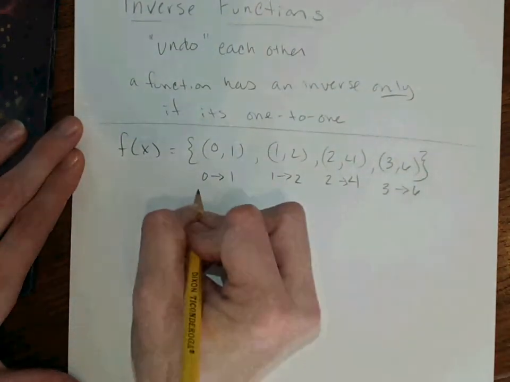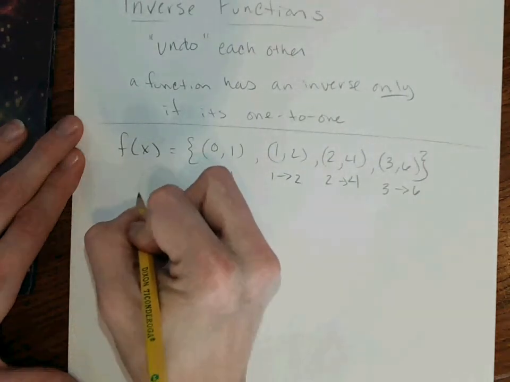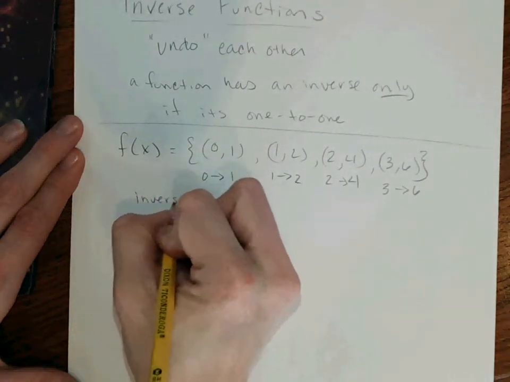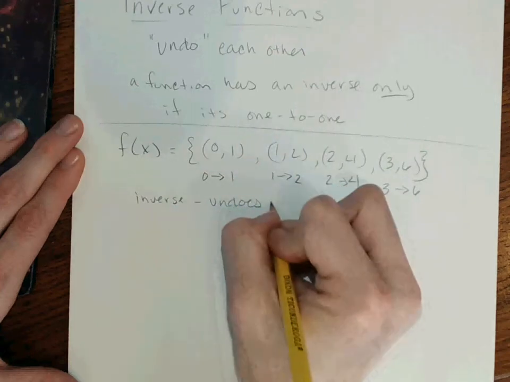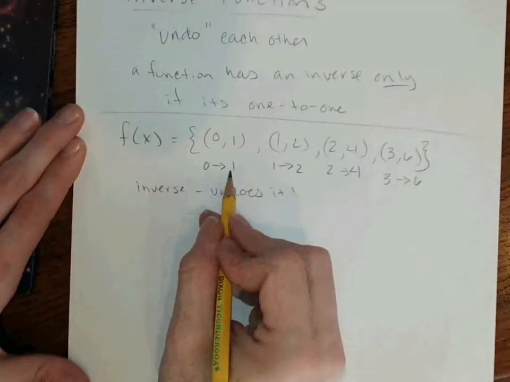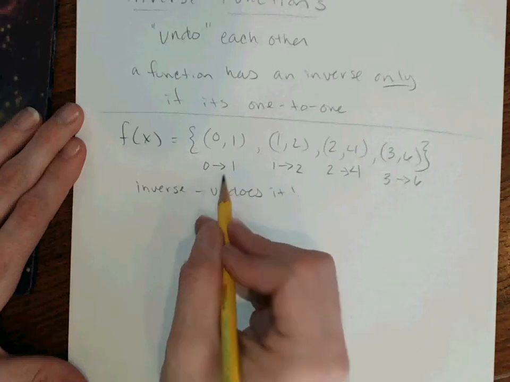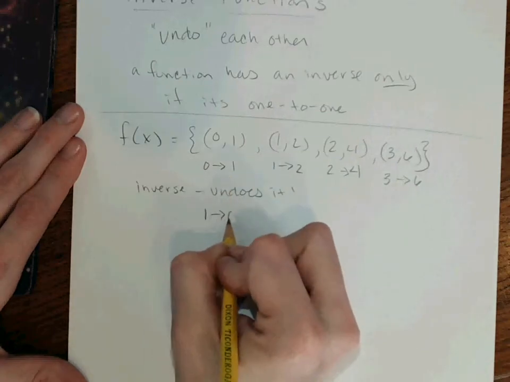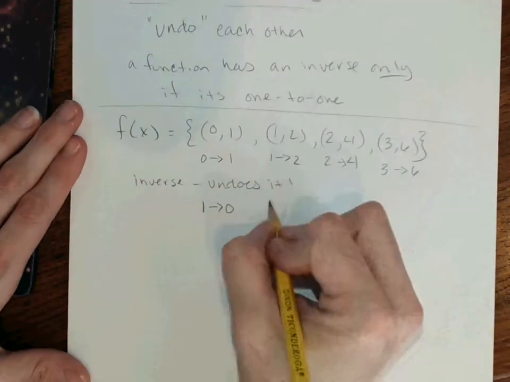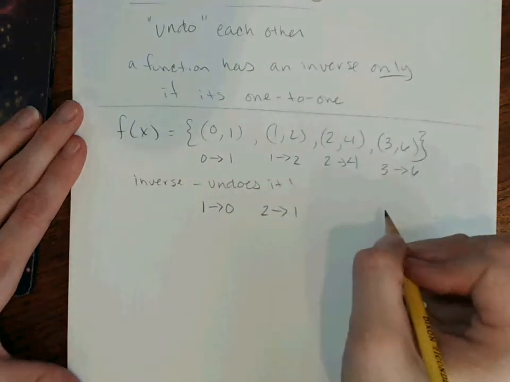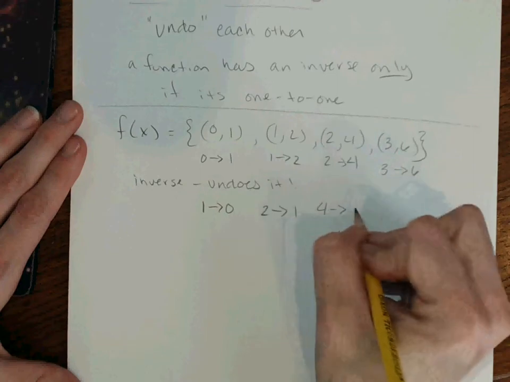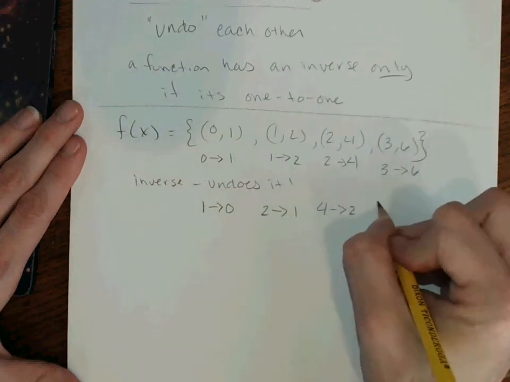So the inverse is going to work backwards. The inverse undoes what was done. So instead of going from 0 to 1, it's like it's at 1, but now it's going to 0. It's like it's at a 2 now, and it takes that 2 and turns it into a 1. So it's undoing whatever was originally done to my function.